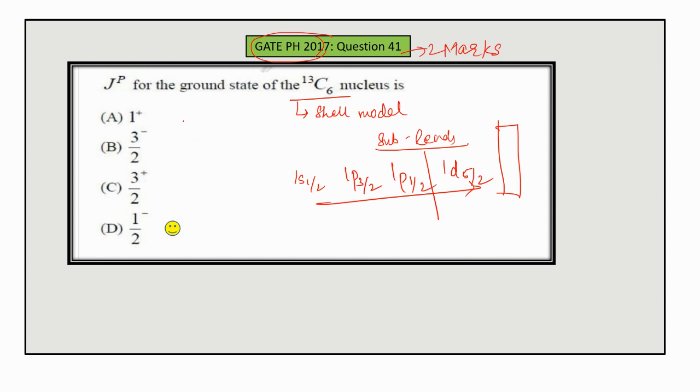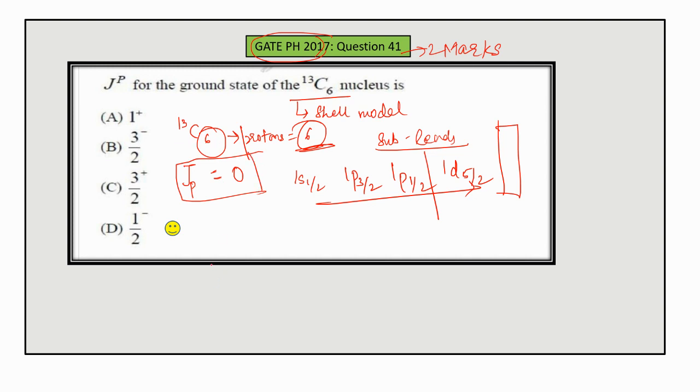This is carbon, again 6C13. This carbon has how many protons? 6. So they are even in number, and when they are even in number they couple up to give total angular momentum due to protons equal to 0.